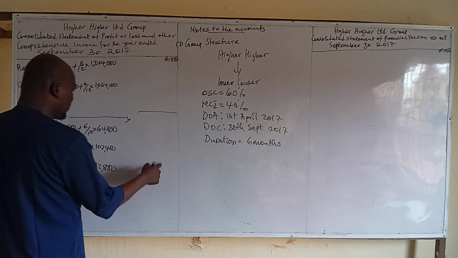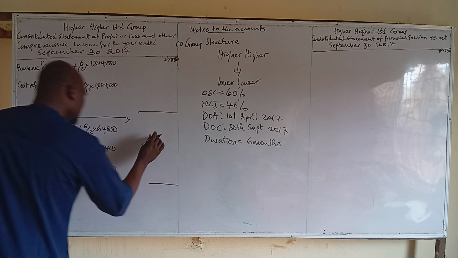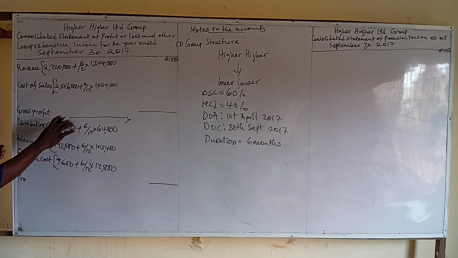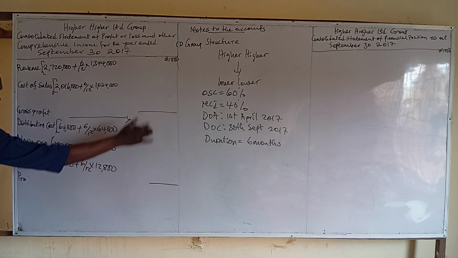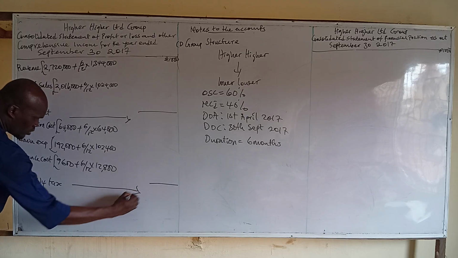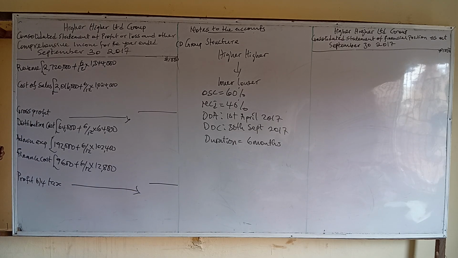We have not gotten the figure yet, so we still need to leave it. These are expenses now. Once we deduct the expenses from gross profit, we are going to have profit before tax. We don't know yet.